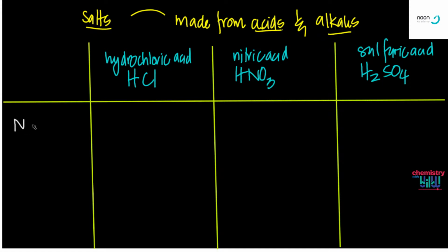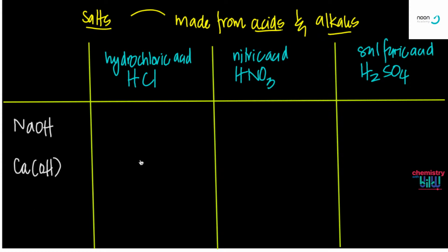Okay. So what is it we have? We have, let's say, NaOH. We have calcium hydroxide. You don't even have to make it from a hydroxide. You can also make it from, for example, an oxide.